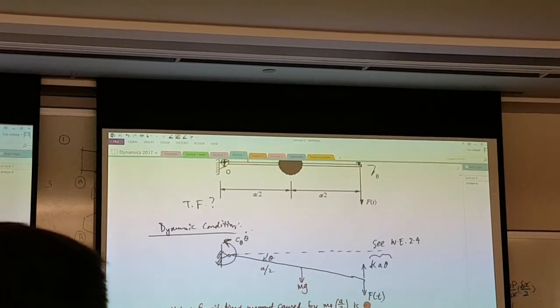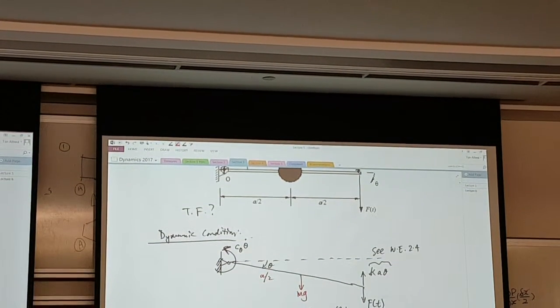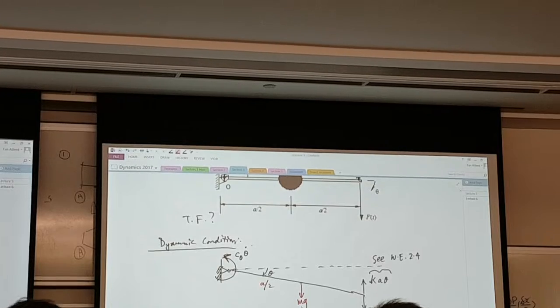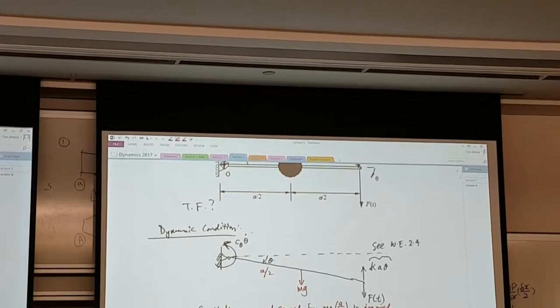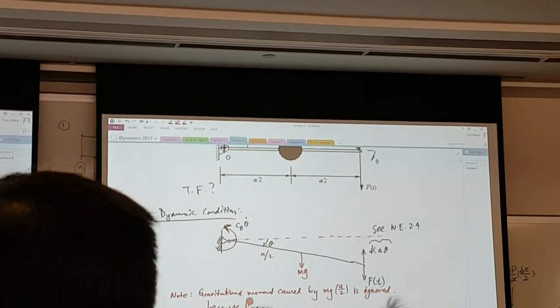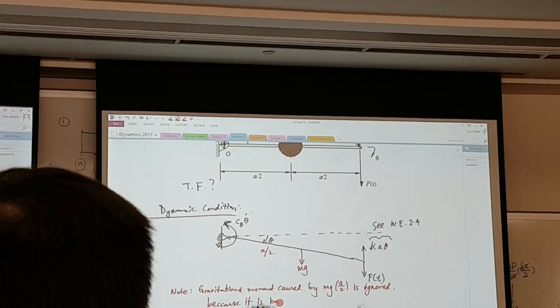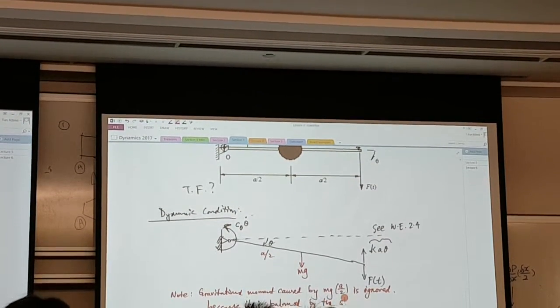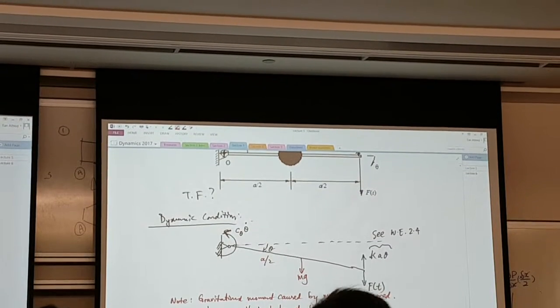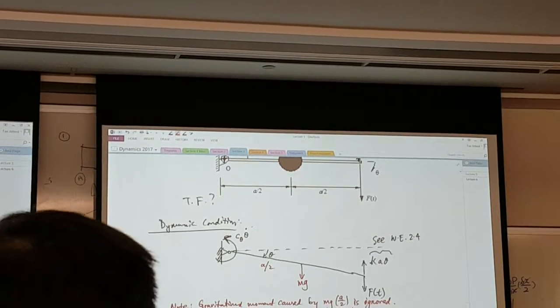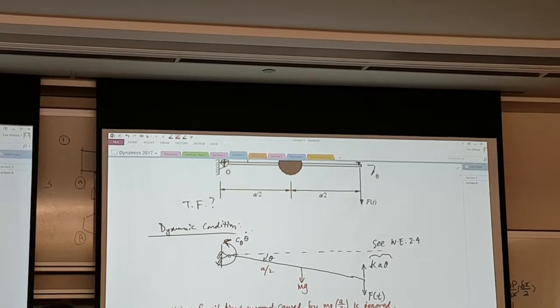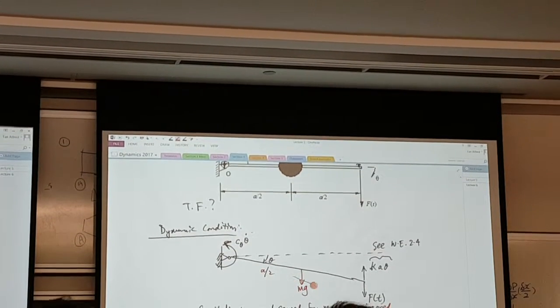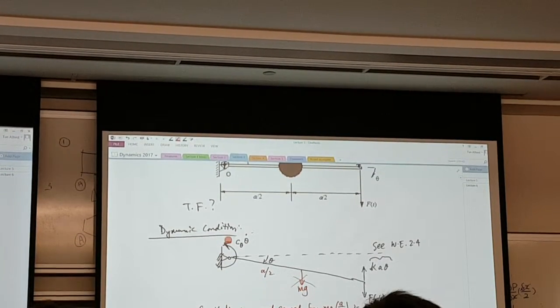Because we ignore that, and why we ignore that is because it is actually balanced by the static load in the spring. So what that means is, why is it that we ignore this part here in dynamic condition?